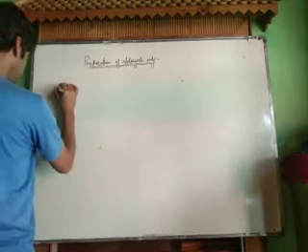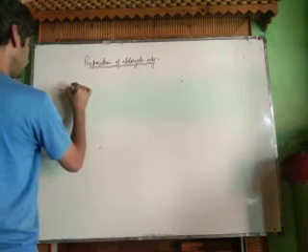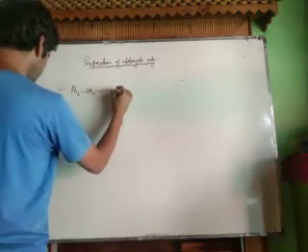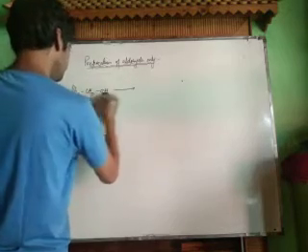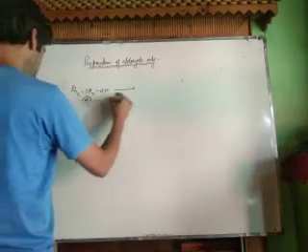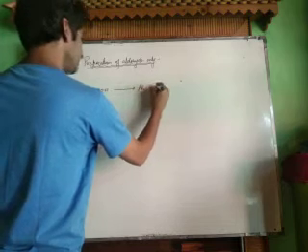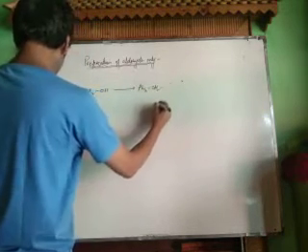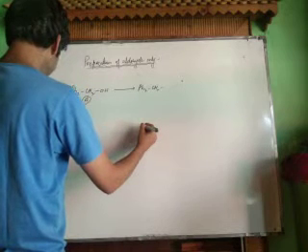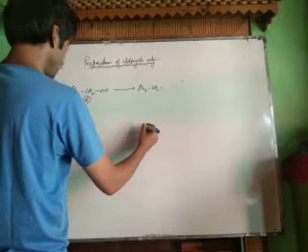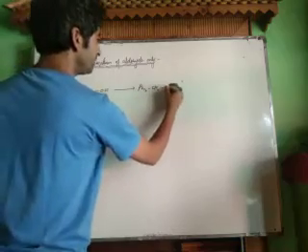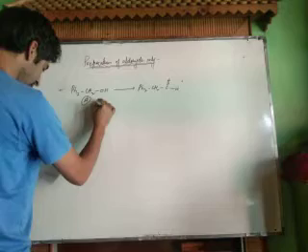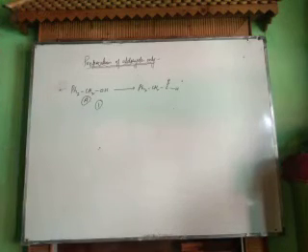How will you convert this PH2 CH2OH into PH2 CH2 C double bond OH? How will you convert this? Now the options are, number first, let us see the options.